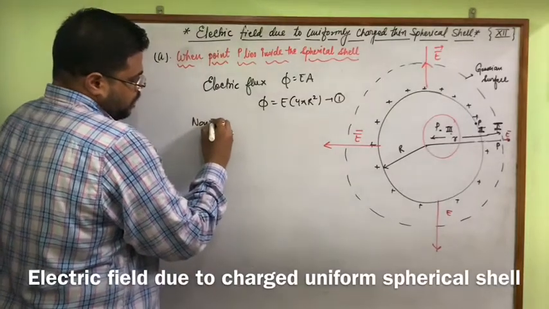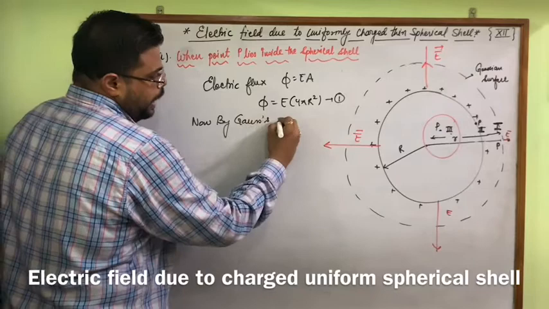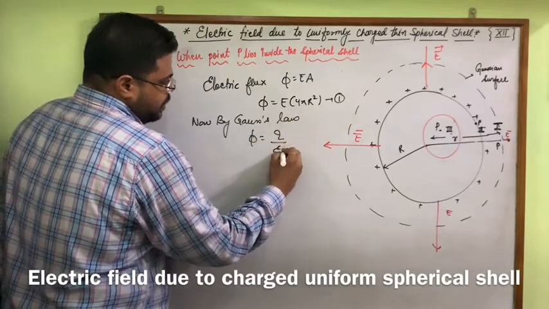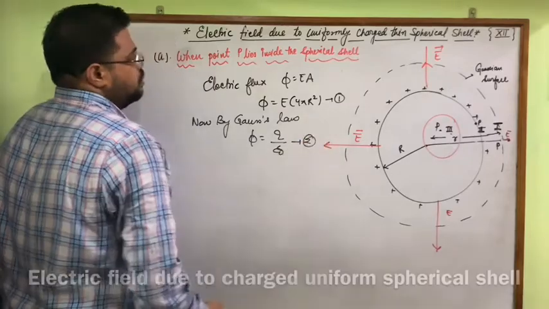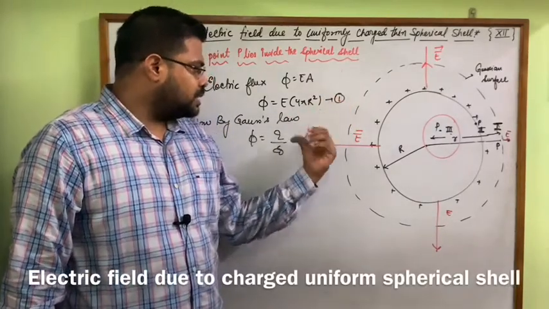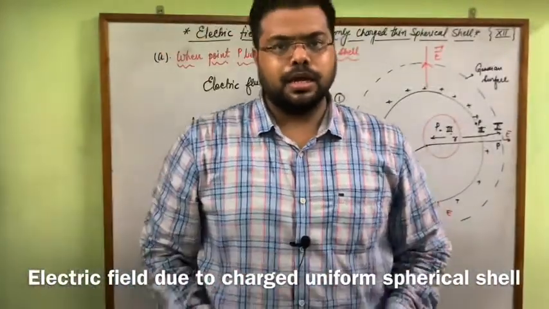Now by Gauss law, phi will be q by epsilon naught. Give this equation number 2. Same step, equate equation 1 and 2. But wait, look here: is there any charge inside this spherical shell? No. Why?